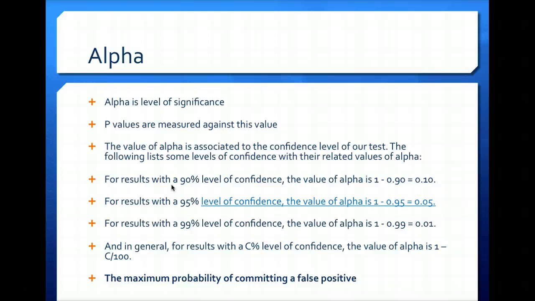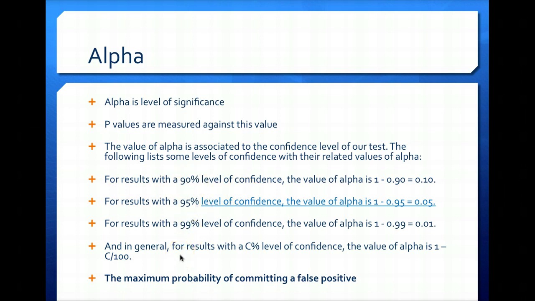When you see 90%, that's essentially 1 minus 0.90, so 0.10. That's how you get that alpha is equal to or less than 0.10, or alpha is equal to or less than 0.05 or 0.01. That's based on these levels of confidence: 90%, 95%, and 99%.